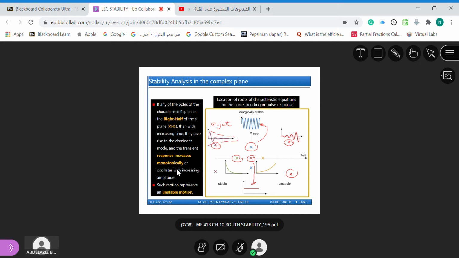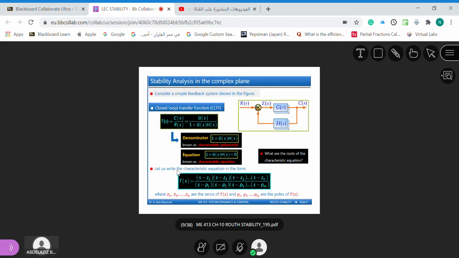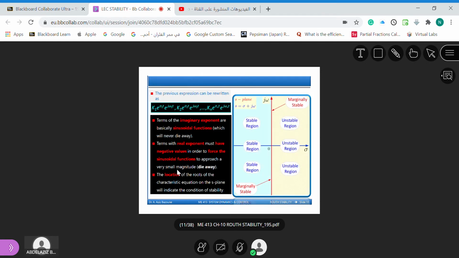So the most important thing is that we divide the poles into two parts. The stable region, which is the left-hand side plane, and the unstable region, which is the right-hand side plane. The right-hand side plane is where the system is unstable.